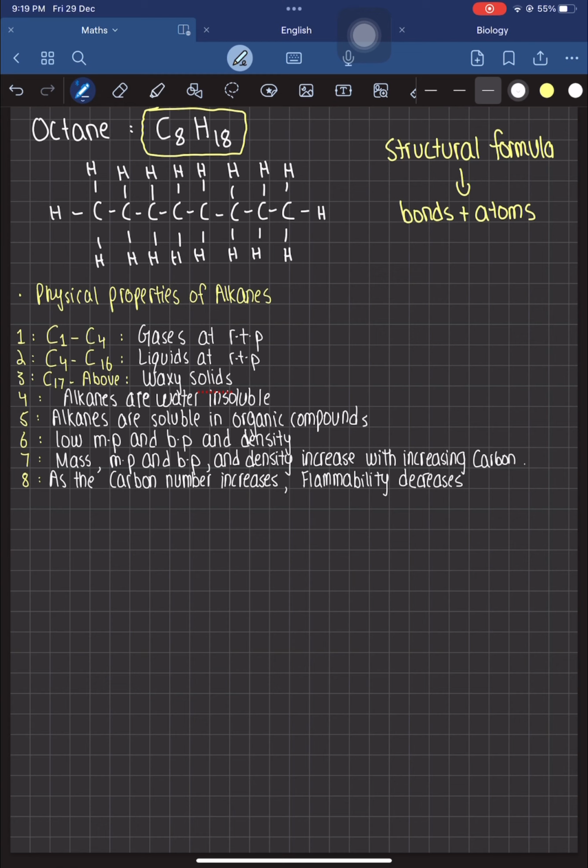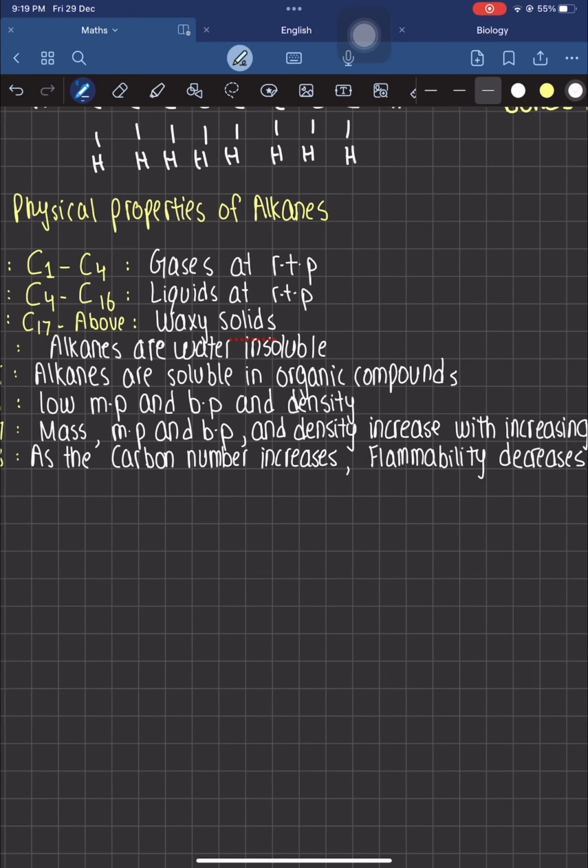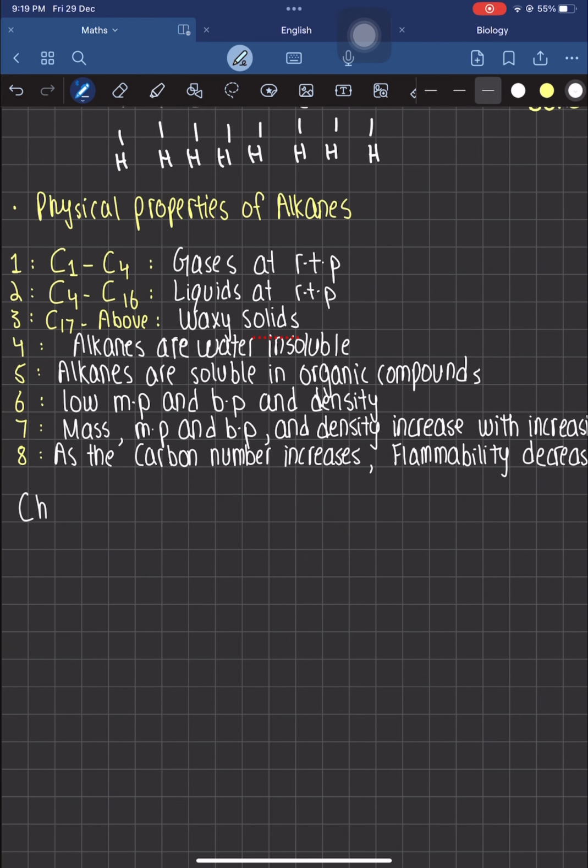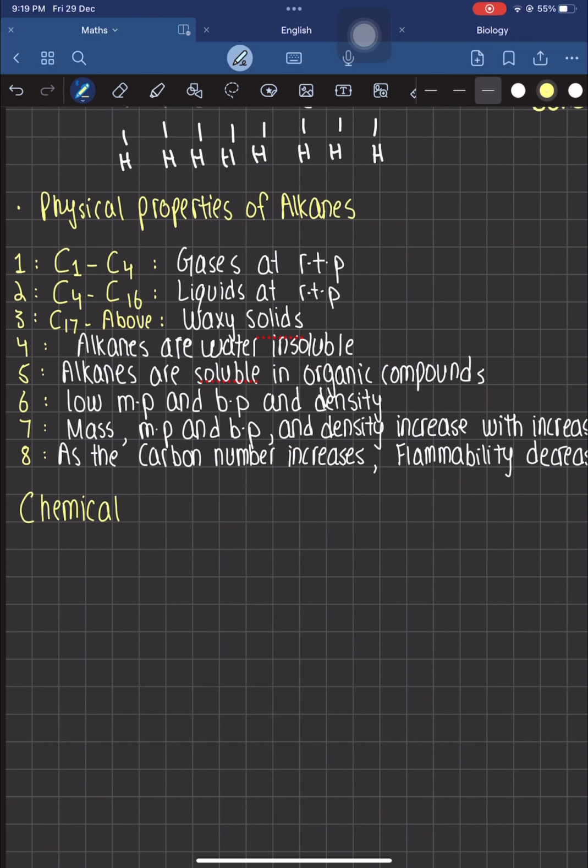And now let's move towards the chemical properties. What are the chemical properties of alkanes?